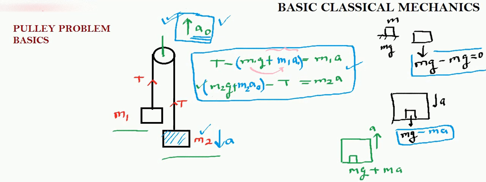Similarly, since the entire system is going up, m2 is also going up, and there is an extra addition of weight saying that the weight of m2 has increased. So in this way you can easily guess the equations for solving complicated pulley problems where the pulley is going down or going up.